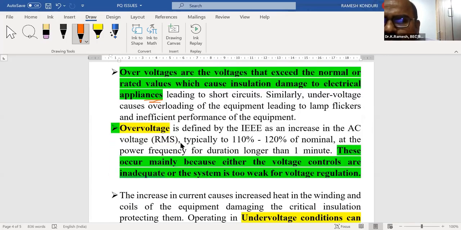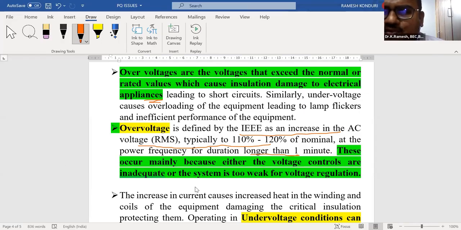Over voltage, as per IEEE, is an increase in the AC RMS voltage to 110% to 120% of the nominal at the power frequency for a duration longer than 1 minute. So this is a long duration over voltage.